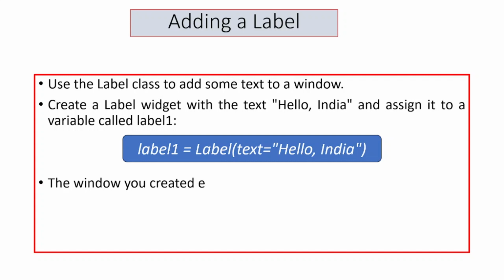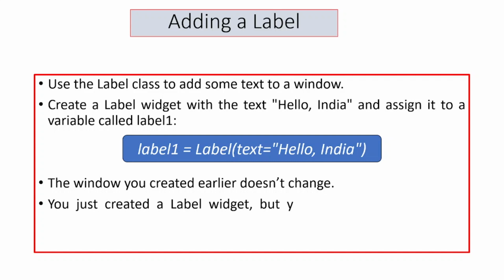The window that we have created earlier doesn't change. We are just creating a label widget. We haven't added it to the window yet. We have just created the label.